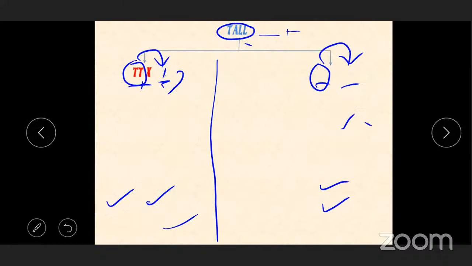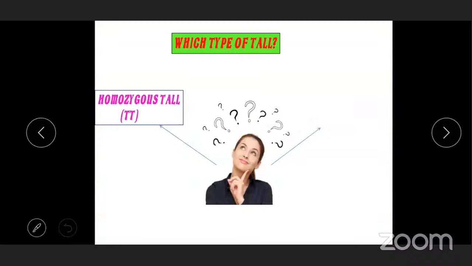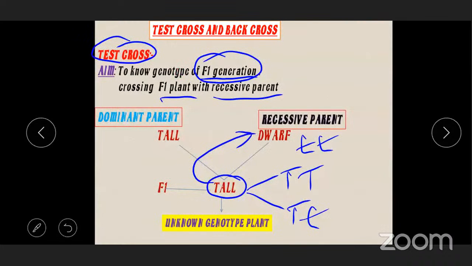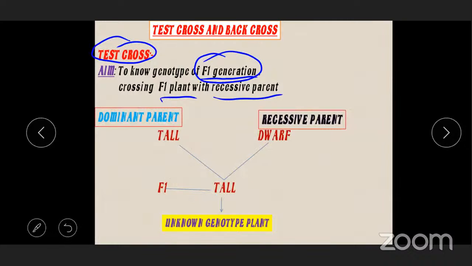So now, what he asked here, see. Simple.